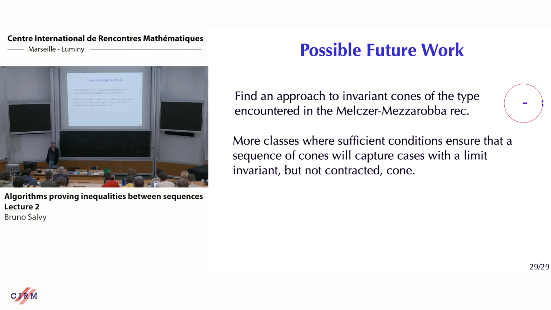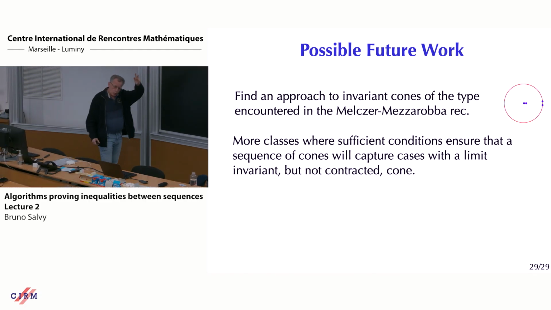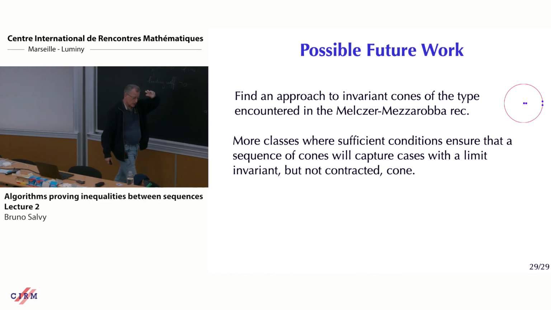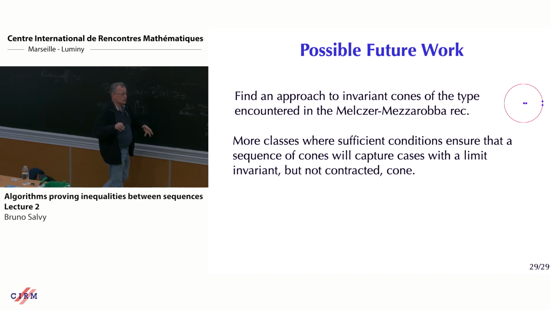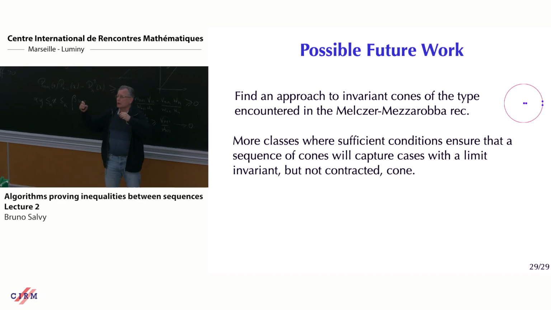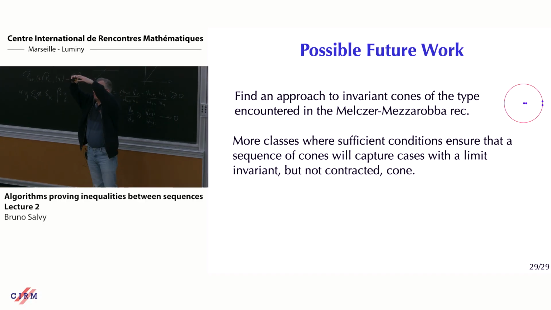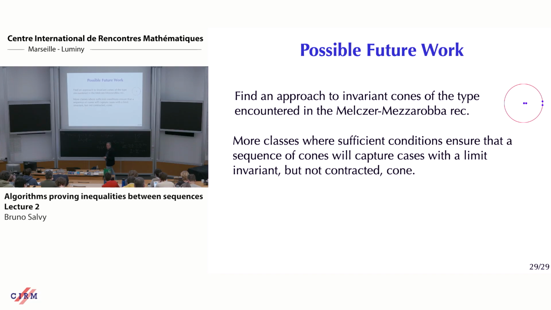The results of Alaa, generalizations of Turan's inequality, we should also extend this to other cases where the limit matrix has an invariant cone, but it's not necessarily just simple eigenvalues along the dominant circle, and find more classes of sufficient conditions where we can have a family of cones that proves positivity.